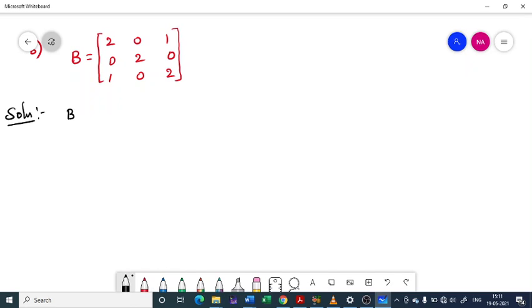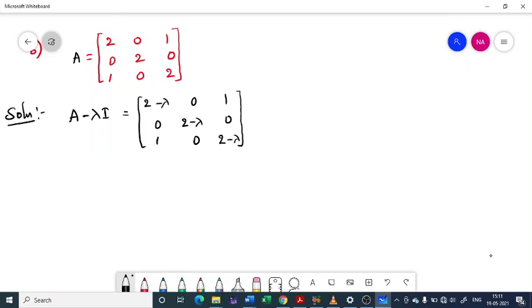Just to avoid confusion, take A only. A minus lambda I, because we are familiar with A, will be the matrix 2 minus lambda 0 1, 0 2 minus lambda 0, 1 0 2 minus lambda. This is A minus lambda I, the matrix I have written.